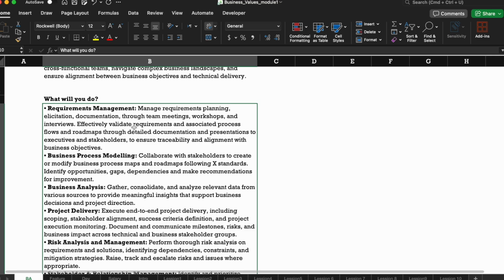Effectively validate requirements and associated process flows and roadmaps through detailed documentation and presentations to executives and stakeholders, to ensure traceability and alignment with business objectives. So you are the key person.